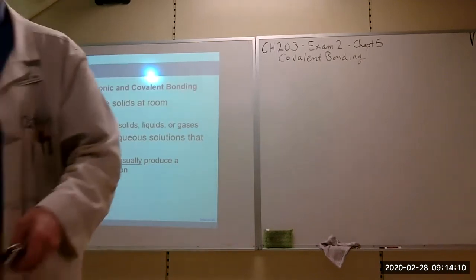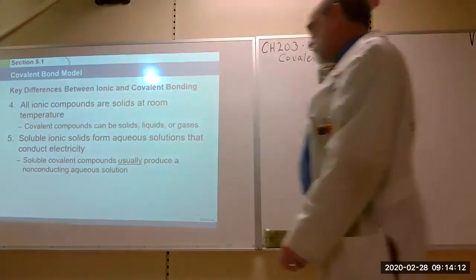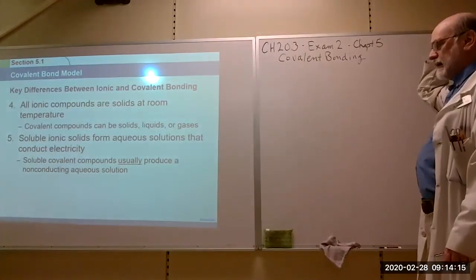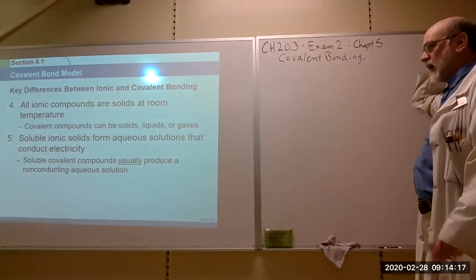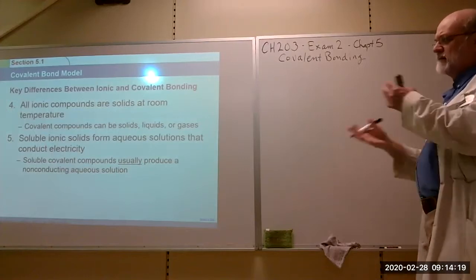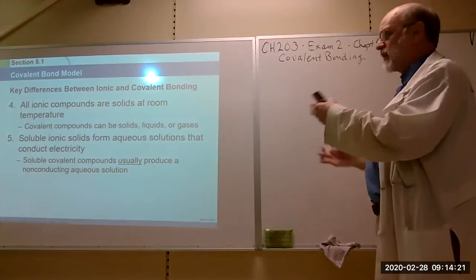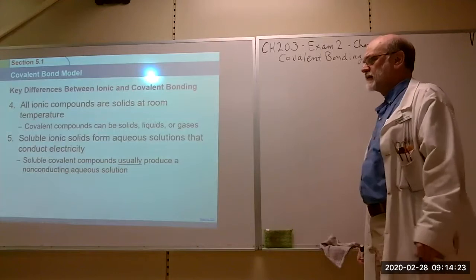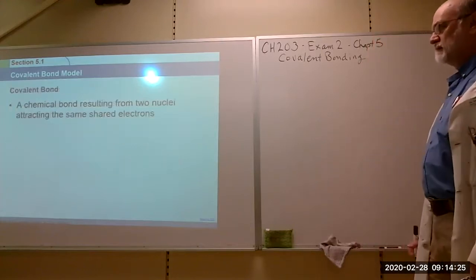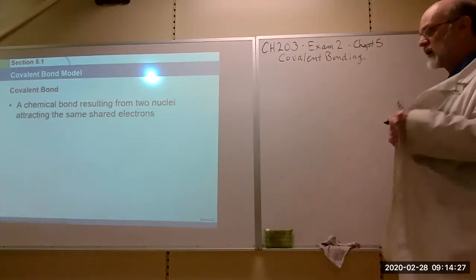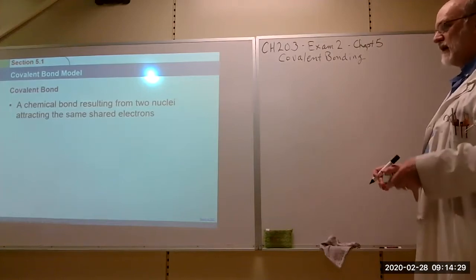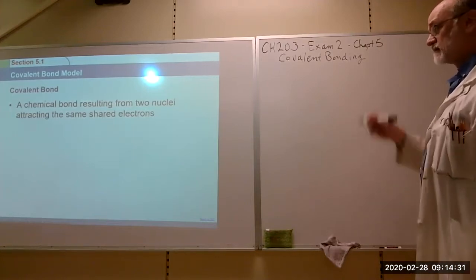All right. So, those are characteristics, actually kind of a comparison of ionic and covalent compounds, on the way to talking in more detail about the covalent bond model.